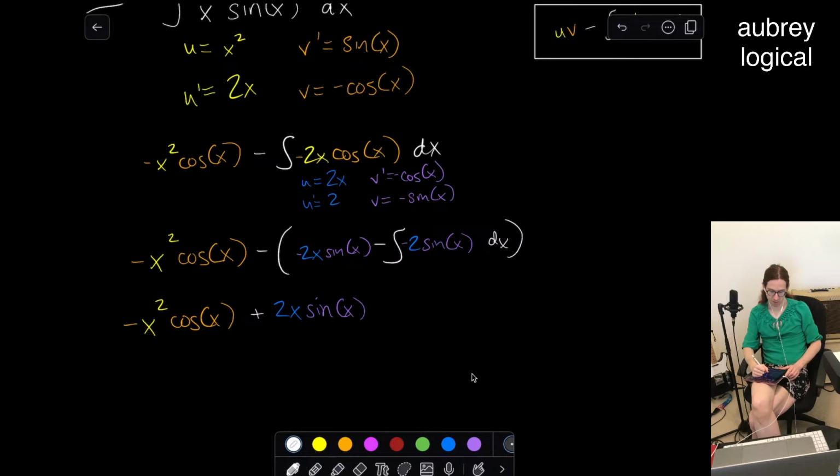So negative negative, so that's going to be a plus the derivative of 2 sine, which will give us the antiderivative of minus 2 cosine. Oh, wait a minute. Yeah, no, that's what it would be. Okay.